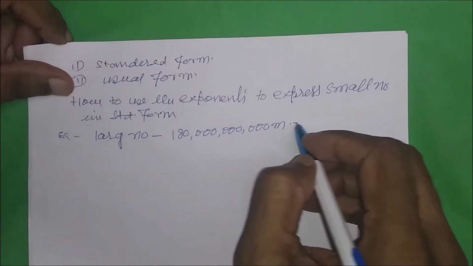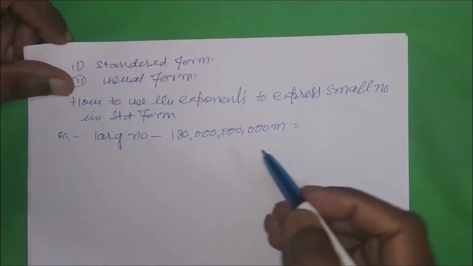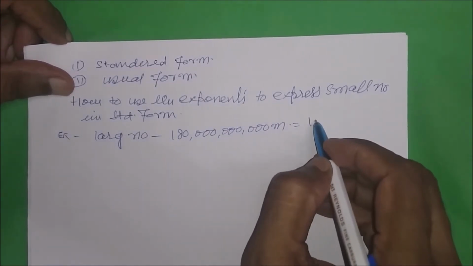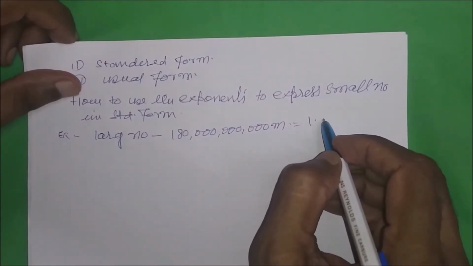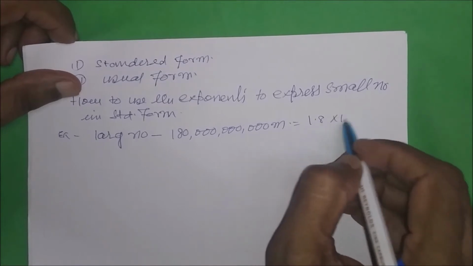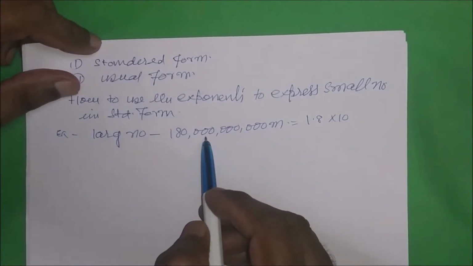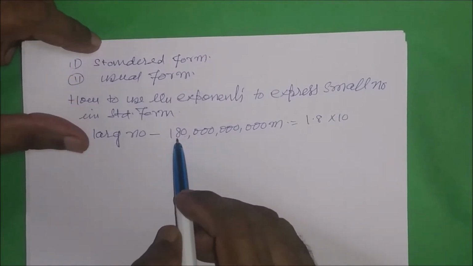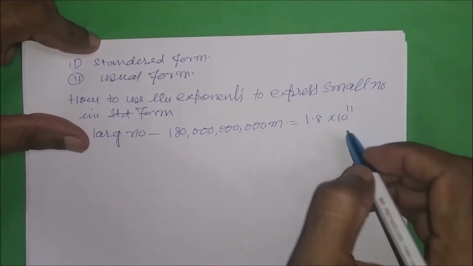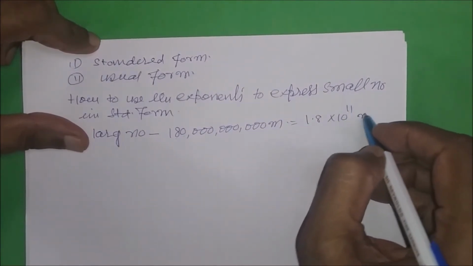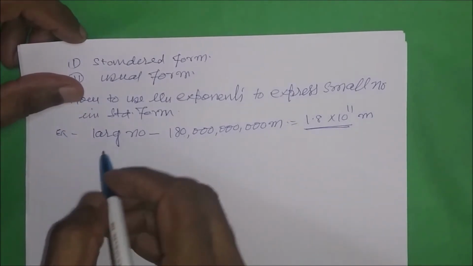This one, if you want to write in standard form, what can we write? 1.8 into 10 to the power, how many zeros are there? 3, 6, 9, and 1 10, and 1 11, right? So it is 1.8 into 10 to the power 11 meter. So this is the standard form. This was the usual form.